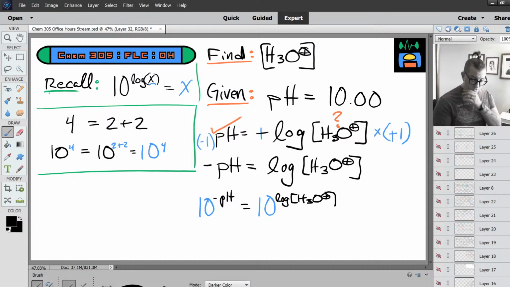The reason why we're doing this is because of right here. This will just equal the concentration of hydronium.